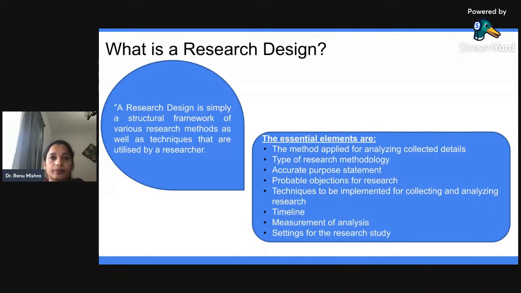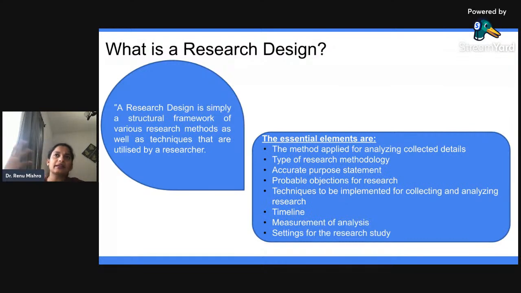These are the elements you need to take care of when you are talking about your research design to be incorporated in your synopsis. Sometimes a synopsis also talks about the sample characteristics.